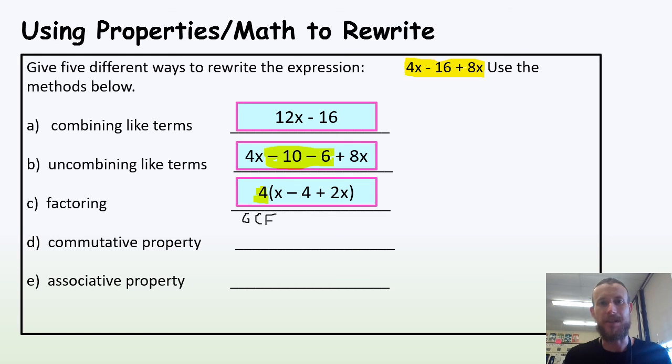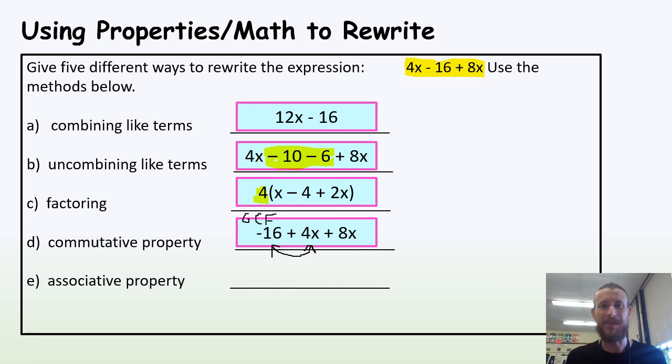The commutative property, this means to switch terms around. So here I've just reversed the order of the first two terms. We could reverse any order, but the first two terms have been swapped. Now instead of 4x minus 16, we have negative 16 plus 4x.